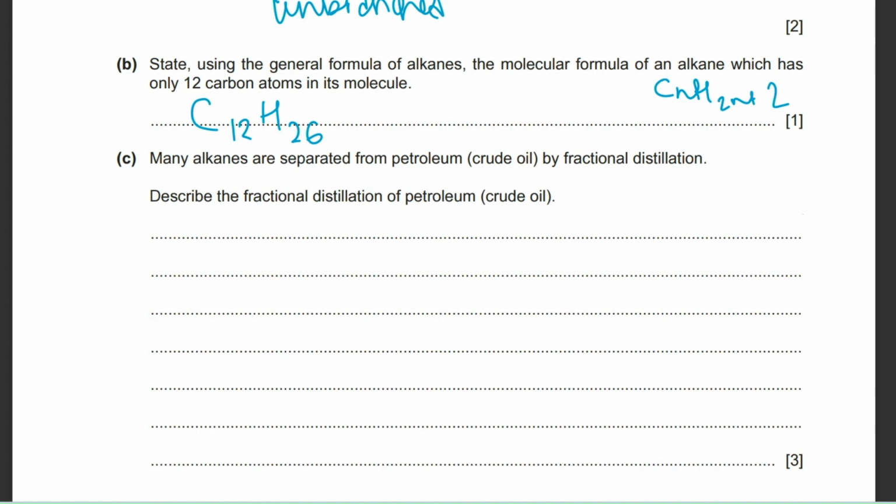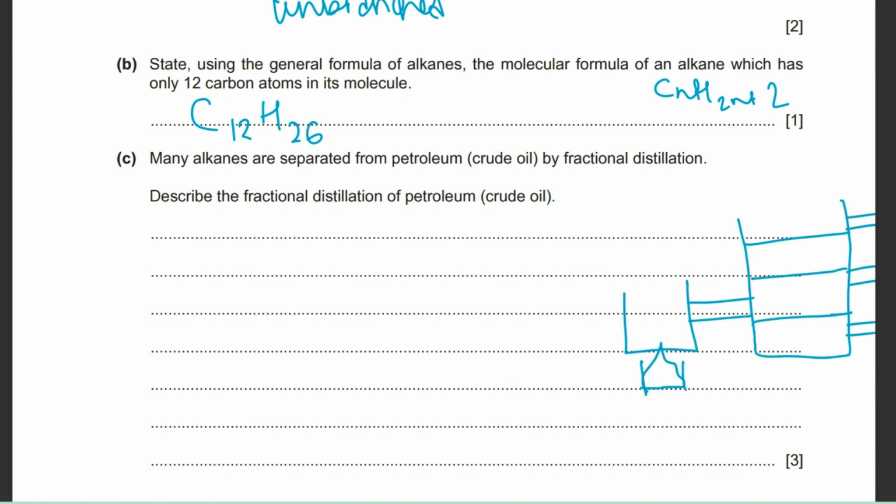In the next question, we are asked about separation of alkanes from petroleum. This is made possible through fractional distillation, where in a blast furnace the petroleum is heated, and when it's heated it gets vaporized and passes through a tube to the tall fractionating column. In the fractionating column, the lighter alkanes diffuse to the top, and the heavier alkanes settle at the bottom.